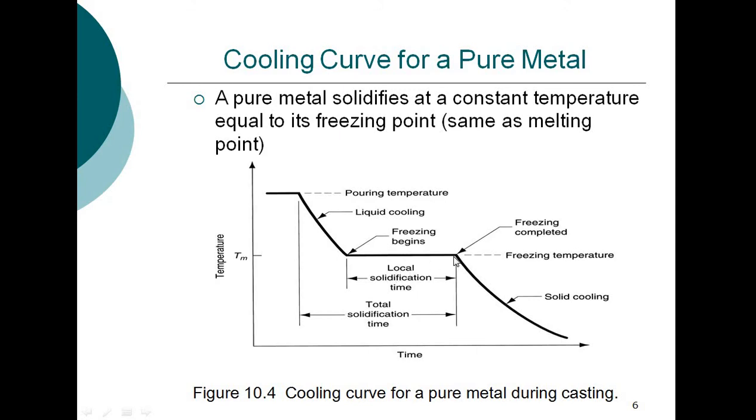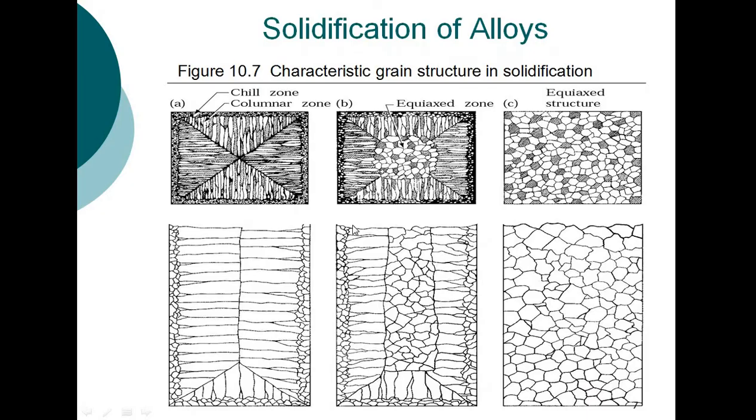After that it is still cooling. It is not just one stage: we have liquid cooling, and then a second phase we call solid cooling. There are two phases in order to go from liquid to solid.